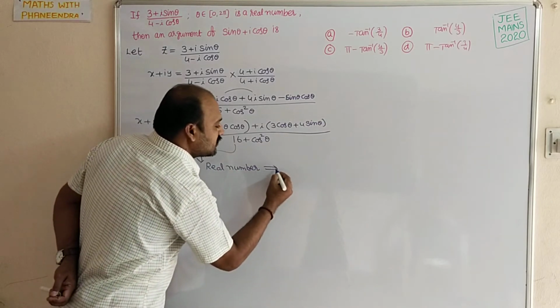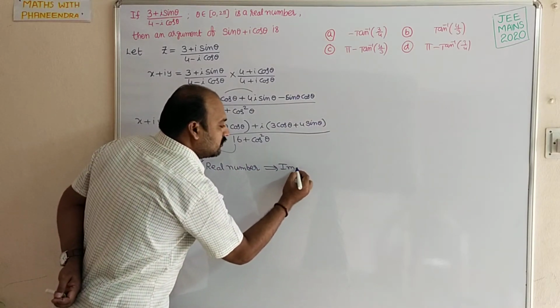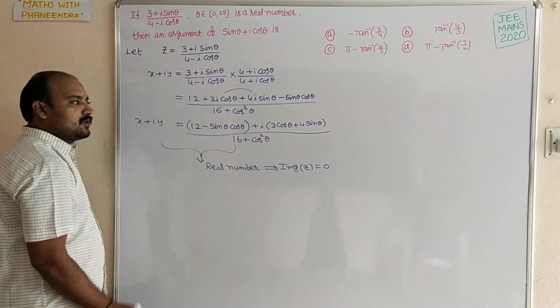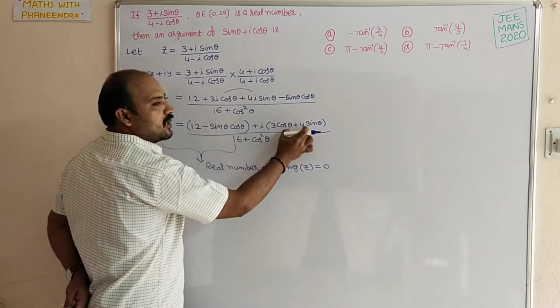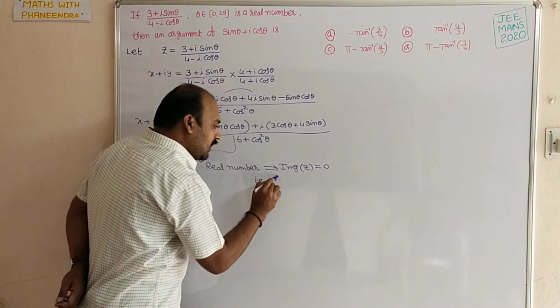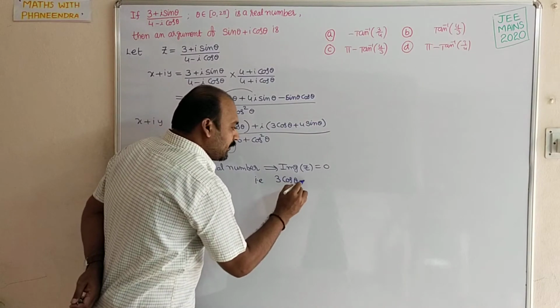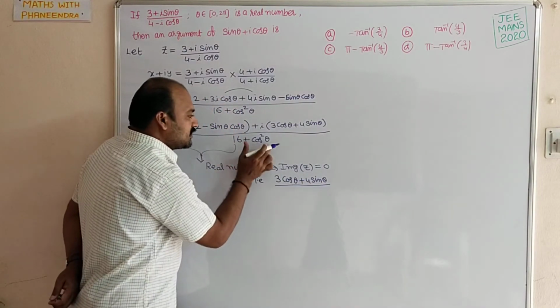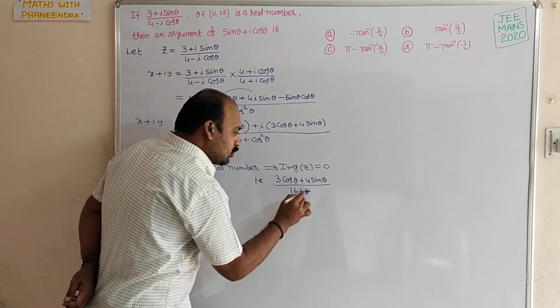That implies that the imaginary part of the complex number is equal to 0. What is the imaginary part? This is the real part, this is the imaginary part. The imaginary part is 3 cos theta plus 4 sin theta divided by 16 plus cos square theta equal to 0.